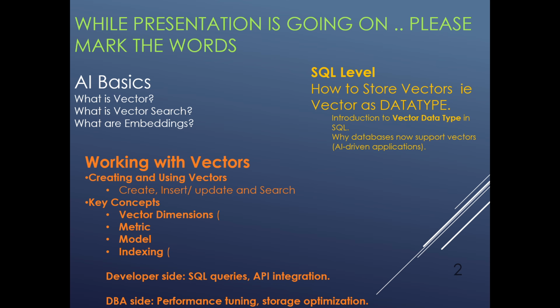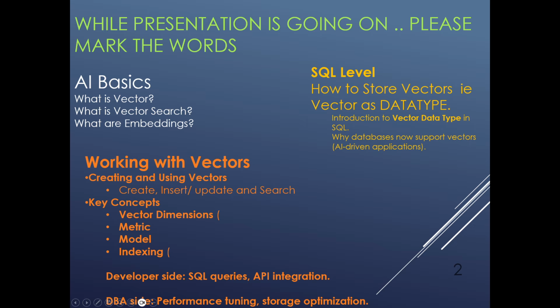Before going deep into this presentation, I thought to keep this one slide to showcase what we are actually going to do. We start with AI basics. That means we understand what is a vector, not the vector data type, but first what is a vector, and then what is vector search.